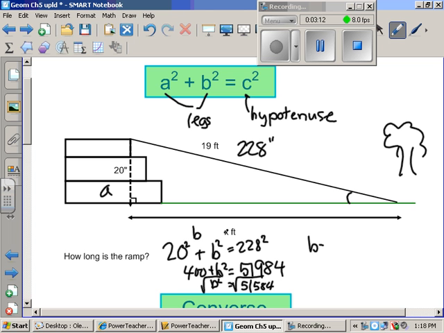So b is 227.12 inches. I divide that by 12 to turn it into feet, and that's 18.9 feet. Okay?